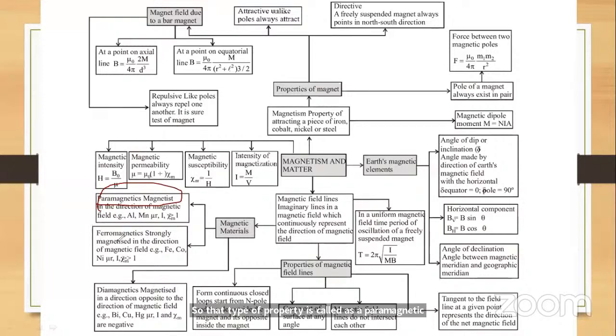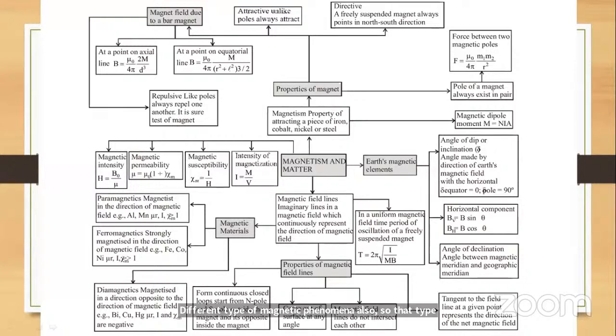Another one is ferromagnetic property, a strong magnetic property possessed by the material. It can be attracted by a magnet, and it also shows different types of magnetic phenomena. That type of material we call ferromagnetic material.